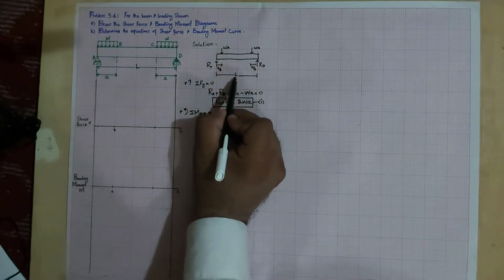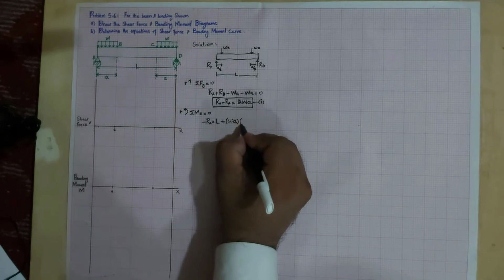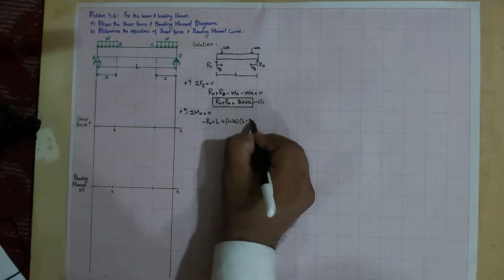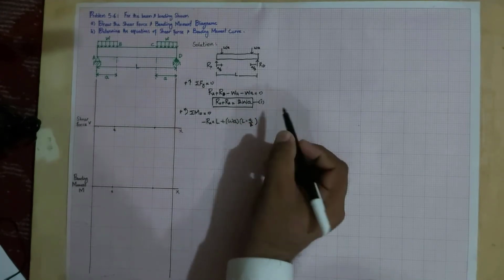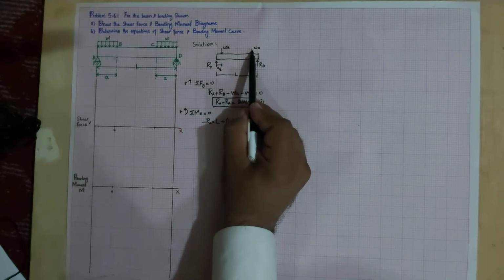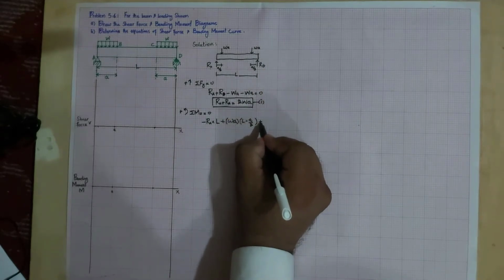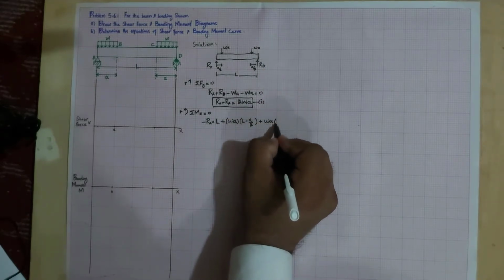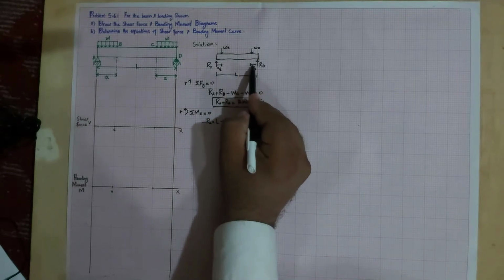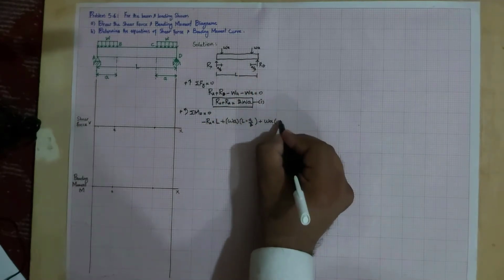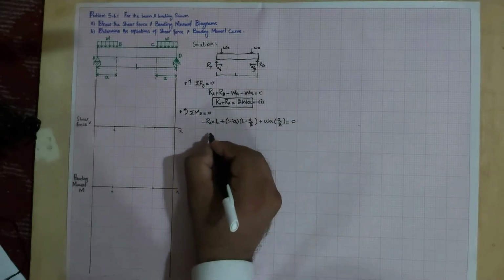This distance is L minus A by 2. Similarly, this force WA is also producing a counterclockwise rotation, so this will also be WA, and this distance is A by 2. That must be equal to 0.